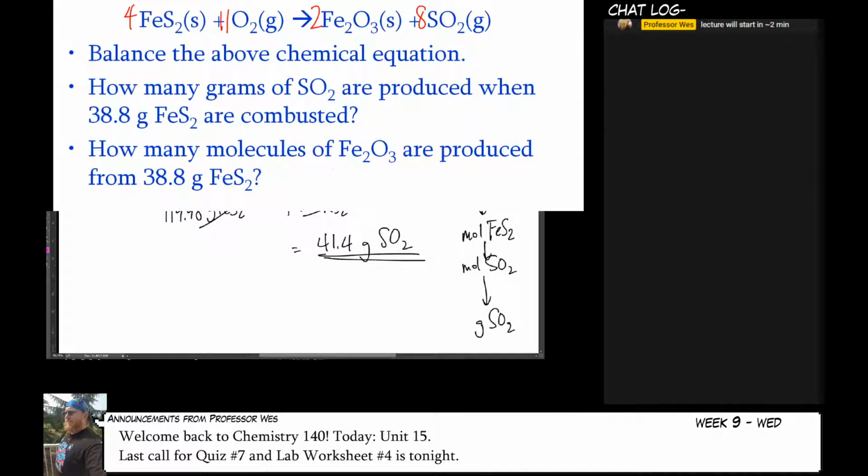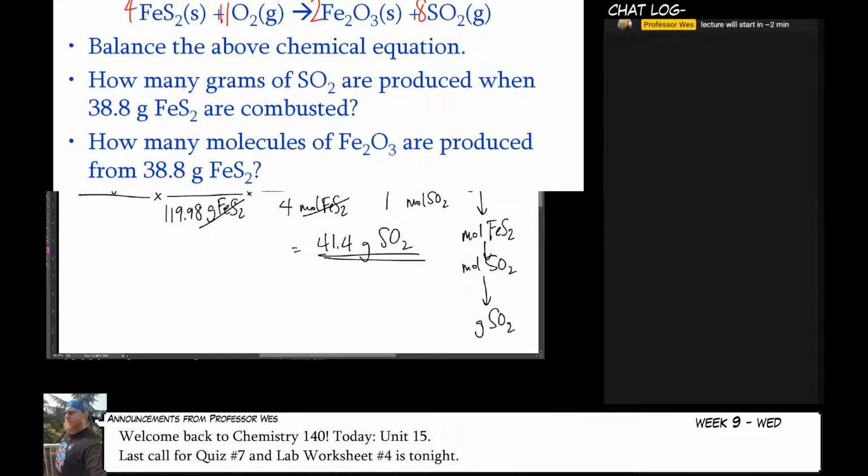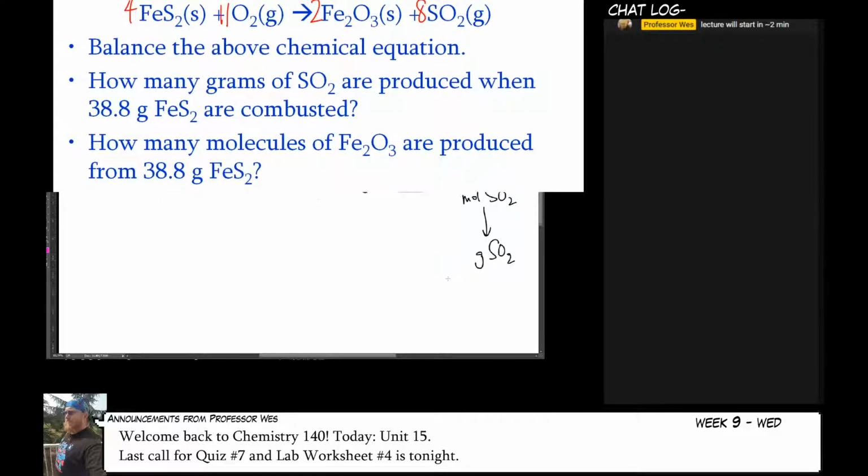And then the second one is how many molecules of pyrite are generated. I'll just scroll down a little bit for that. We're doing the same thing here. So we've got grams of FeS2, except instead we're going to go into moles of rust.